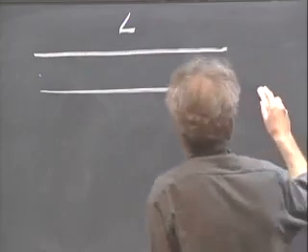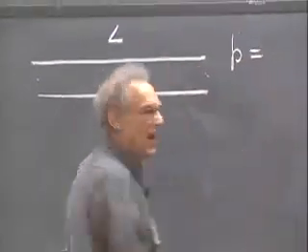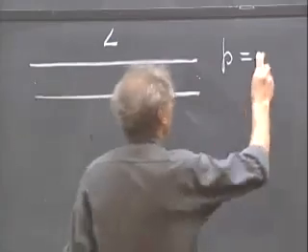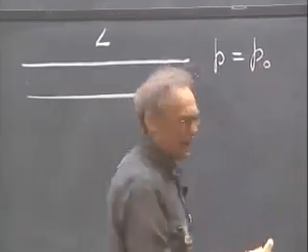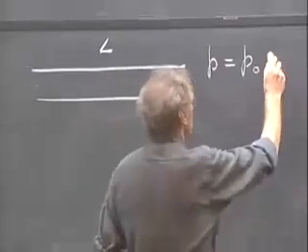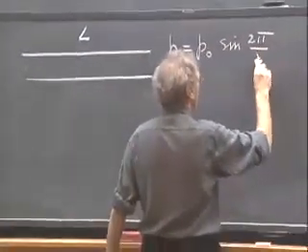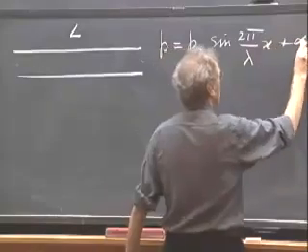If I write down the general equation for a standing wave, because normal mode solutions are standing waves, I can write down P equals some amplitude times the sine or the cosine. Let me take a sine, 2 pi divided by lambda times x. I'll be very general.